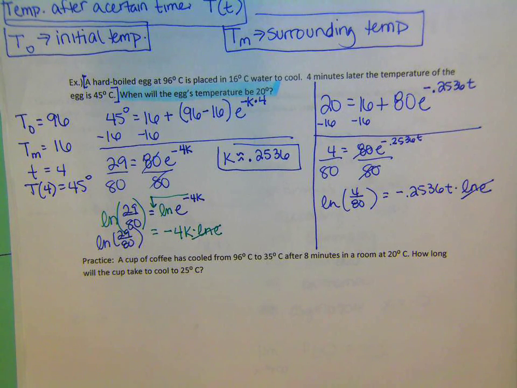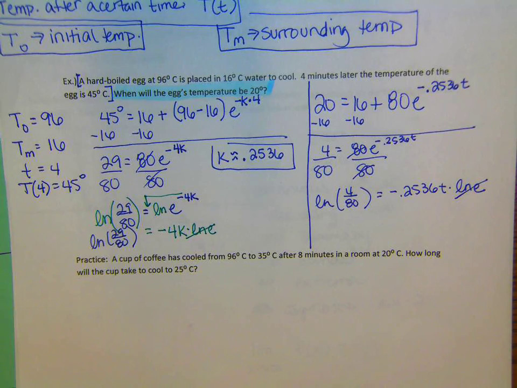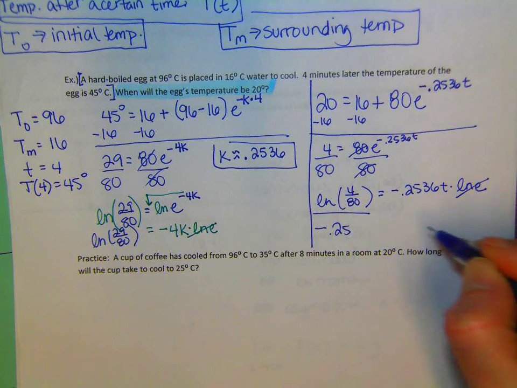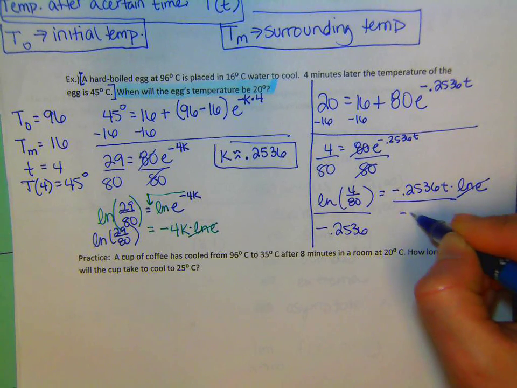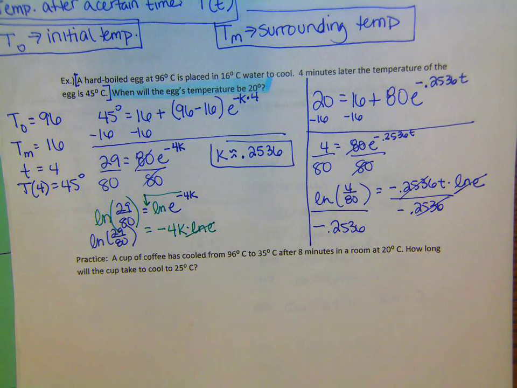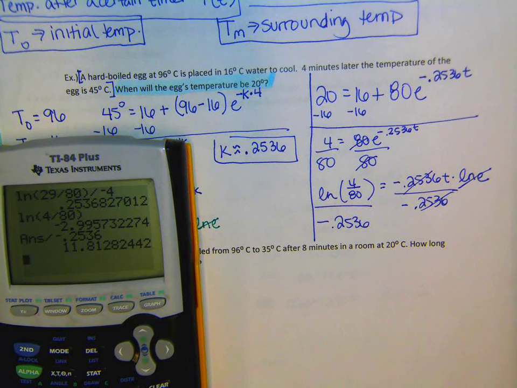And what do I have to do last? Divide by negative 0.2536. Okay, let's see what we get. About 11.8 minutes.